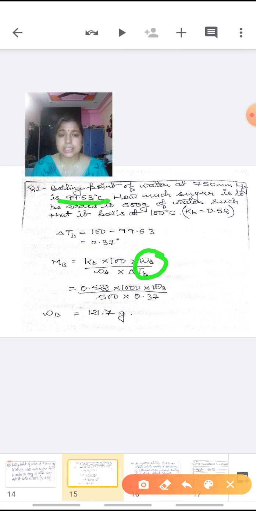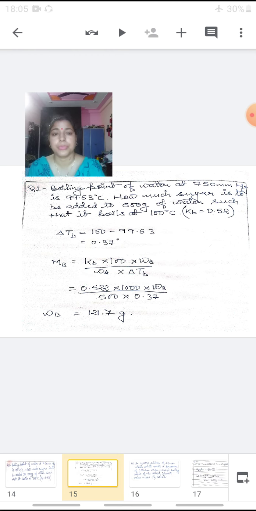Now it is given that how much sugar is to be added to 500 gram of water. That means the weight of solvent WA is given to you. And it has been told that the solution should boil at 100 degrees Celsius.